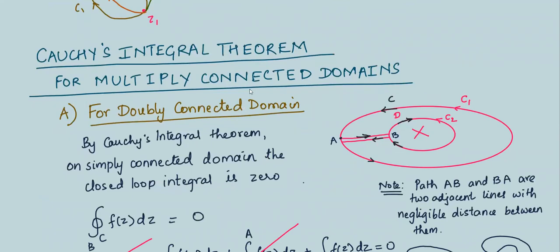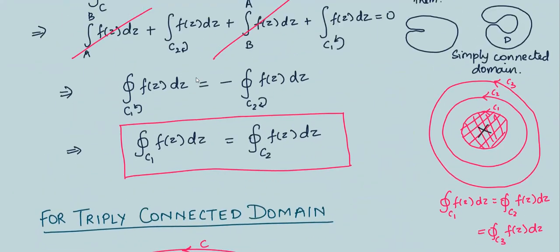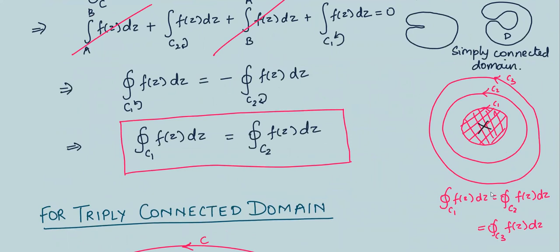For multiply connected domain, the Cauchy's integral theorem works slightly differently, like we discussed for a doubly connected domain. For a doubly connected domain where there is a region where the function is undefined, there's a boundary C1, C2 is another, and you have another path C3.